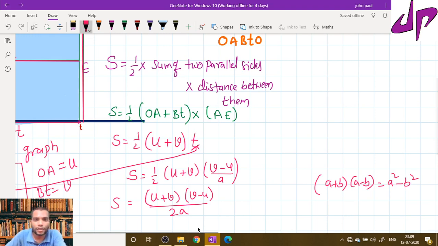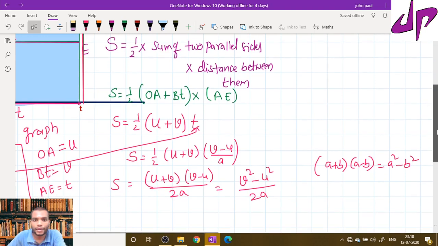So the numerator gives, oppositely, V square minus U square, upon 2A.